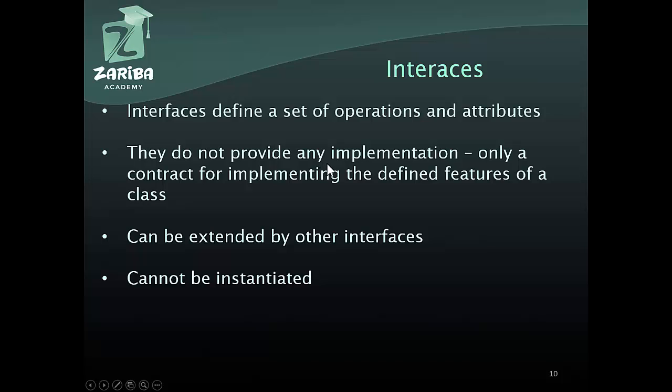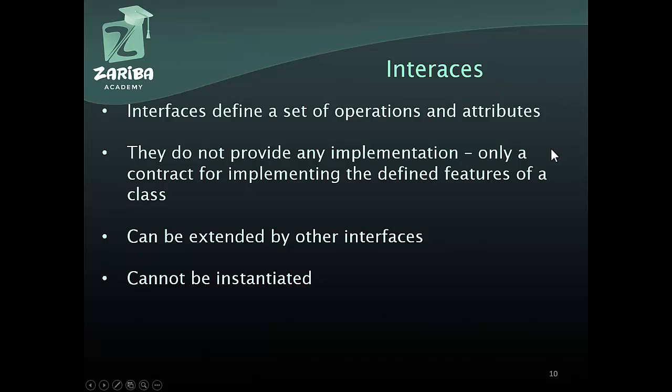I only list a couple of methods and a couple of properties that I want to have, and I don't deal with implementation. Whoever implements this interface has to worry about how to implement these specific properties and methods, but it's not the job of the interface.